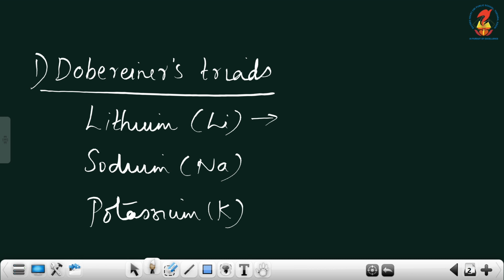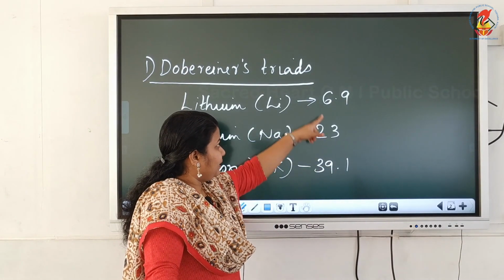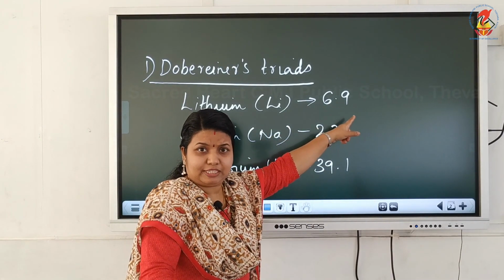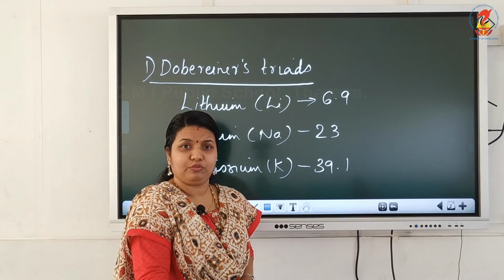The atomic mass of lithium is 6.9, that of sodium is 23 and potassium it is 39.1. So, look at this. First element has atomic mass 6.9, second one 23 and potassium 39.1.